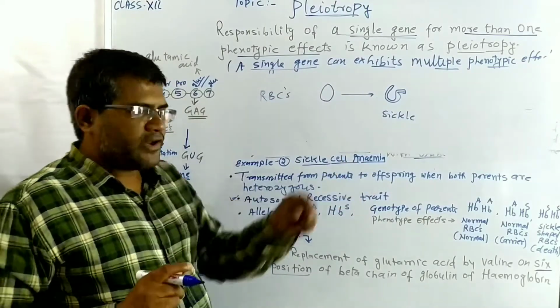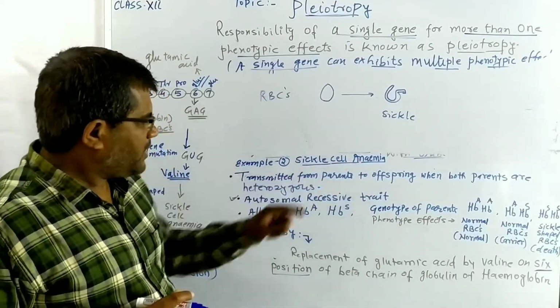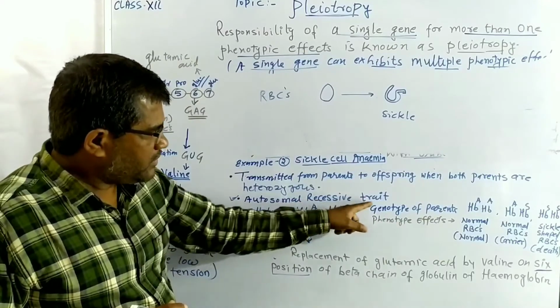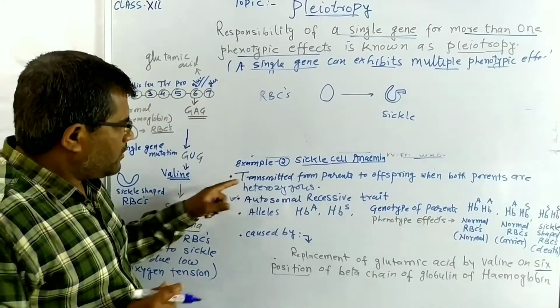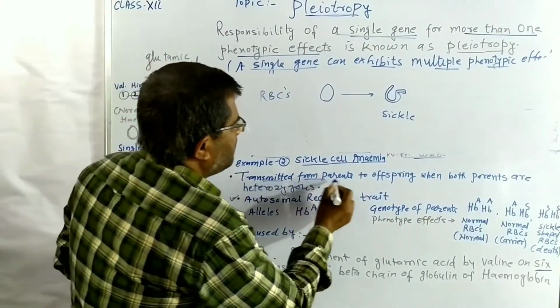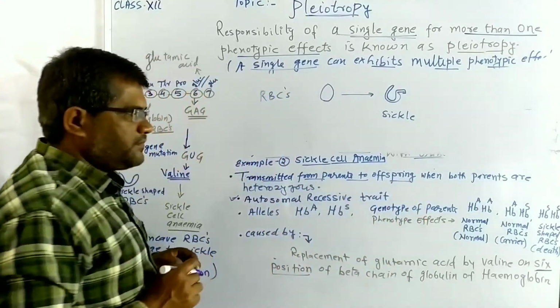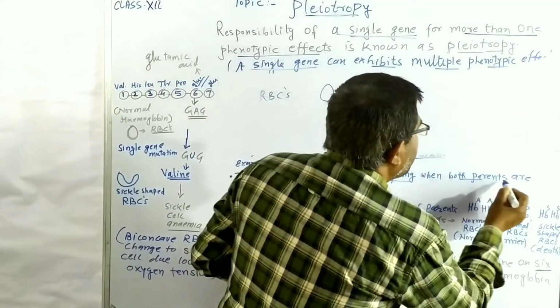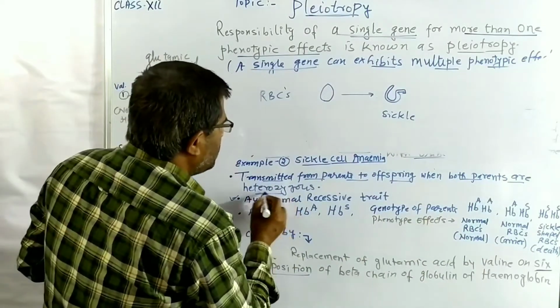First point, sickle cell anemia is an autosomal recessive trait. Number two, it is transmitted from parents to their babies when both parents are heterozygous.